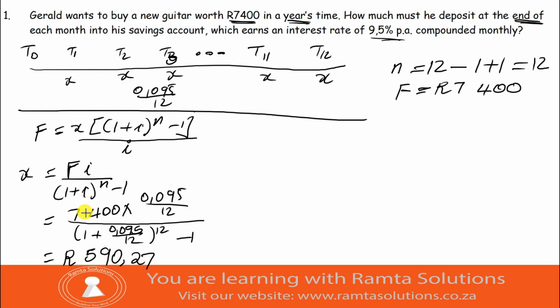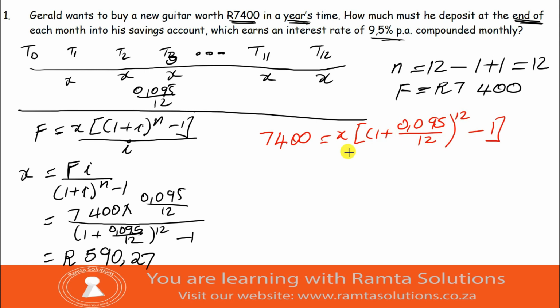For those that do not like this method, you can use this one here. You can say 7,400 equals x into 1 plus 0.095 over 12 to the power 12 minus 1, all over 0.095 over 12.